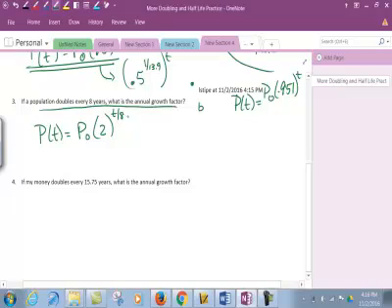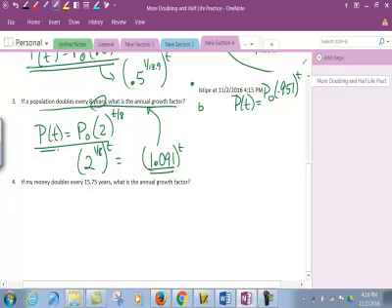Using the procedure we did in the upper two questions, we're going to take 2 to the 1/8 to the T. When we take 2 to the 1/8, we get 1.091 to the T. So this is a yearly one, an annual growth factor. This equation written with an annual growth factor would be P of T equals P of 0 times 1.091 to the T. Okay, let's go ahead and do the last one.